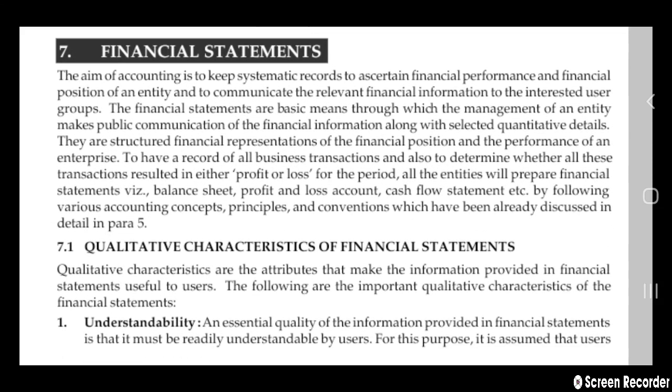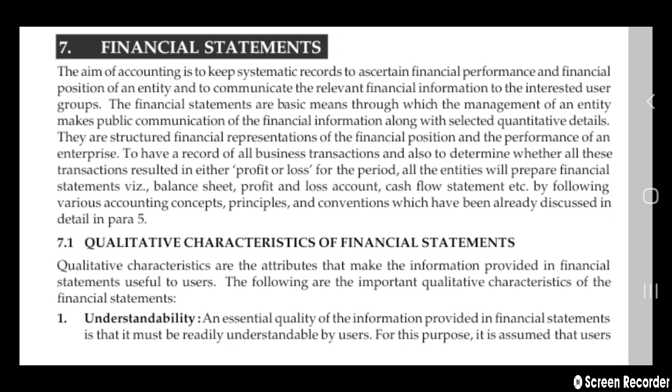Next, financial statements. The aim of accounting is to keep a systematic record to ascertain the financial performance and the financial position of the entity, and to communicate the financial information to customers, managers, and users.